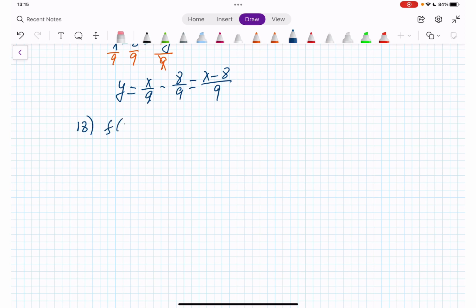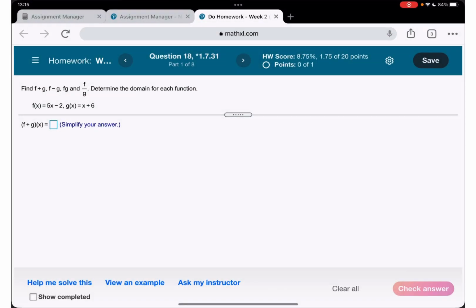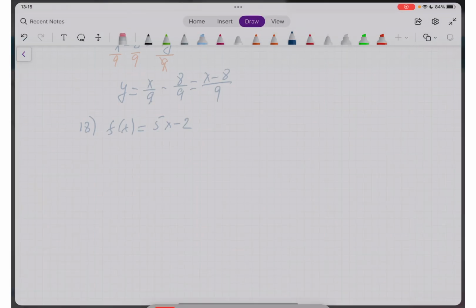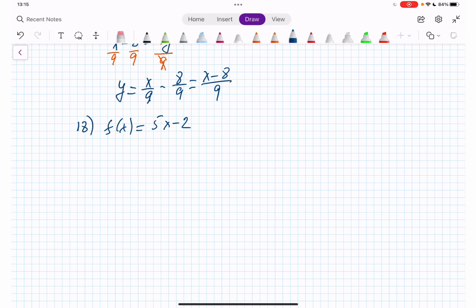So f of x is equal to 5x minus 2, and g of x is equal to x plus 6. We need to find f plus g, f minus g, f times g, and f divided by g. We're going to get all operations.